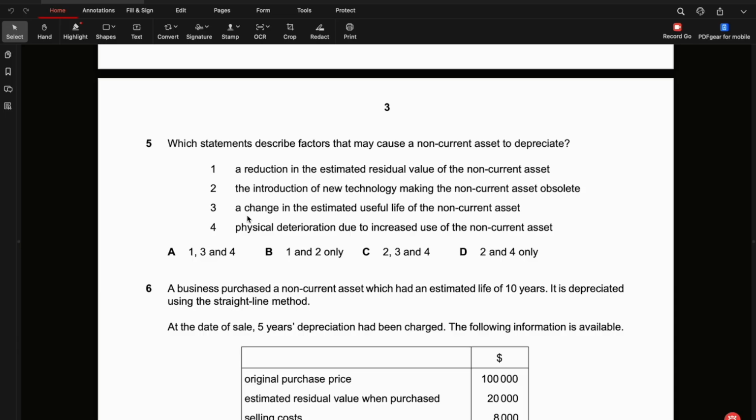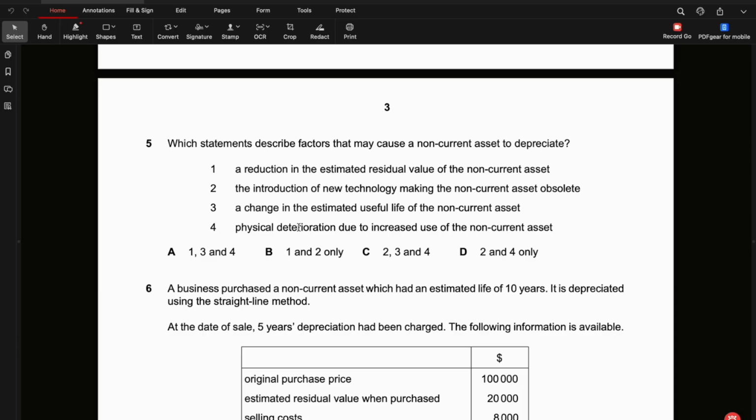Number 3, a change in the estimated useful life of non-current assets. Definitely not. Here, the useful life of the asset is just changing from 5 years to 10 years or 10 years to 5 years. And the 4th one is physical deterioration due to increase in the use of the non-current asset.